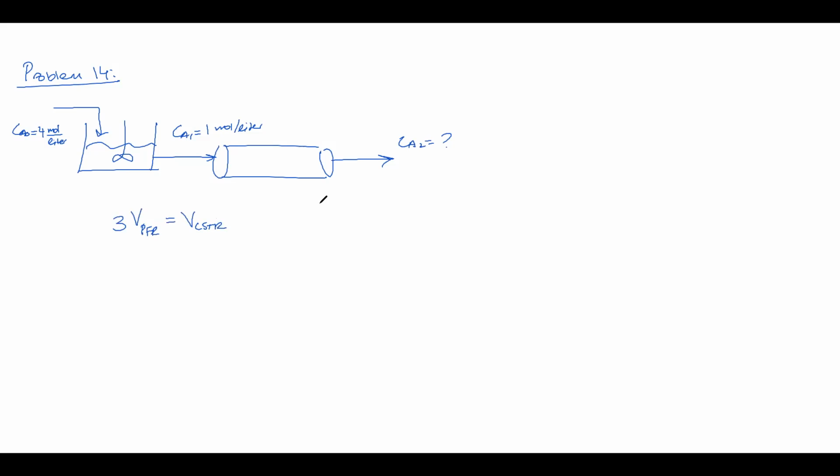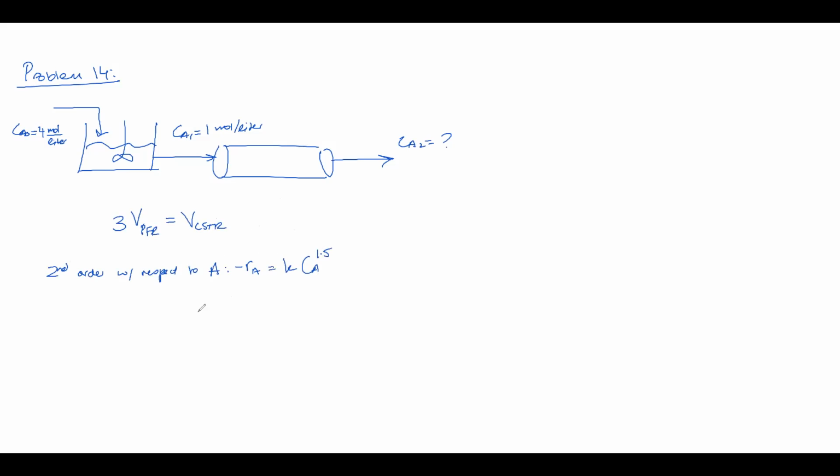Okay, and you're being told it's second order with respect to A. So your reaction rate kinetics, minus RA is equal to K Ca to the 1.5.